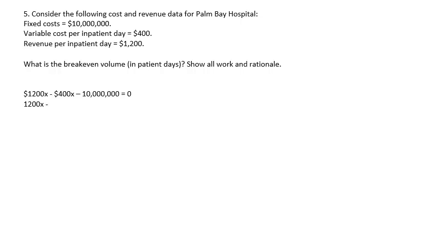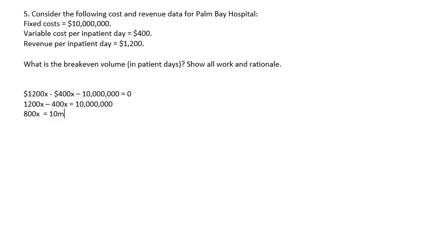All right, so we got then the 400X. Still don't know what X is. Again, we're going to add 10 million to each side of the equation. That deletes the 10 million on that side and now puts it on this side. And you can see here, we'll do some more reduction. Bringing those two figures, the 1200X and the 400X together, we're now going to get $800 times whatever number of patient days is going to equal 10 million, 10M.